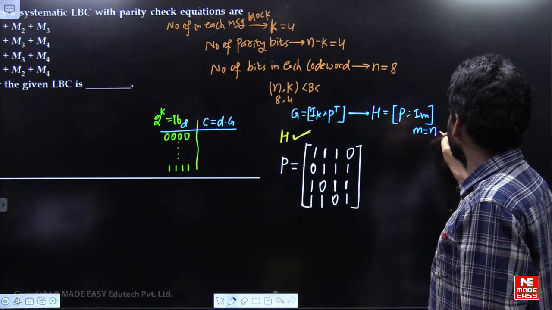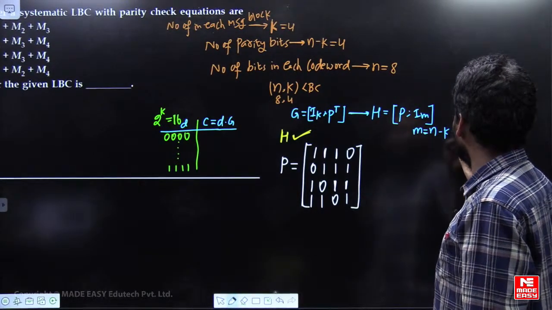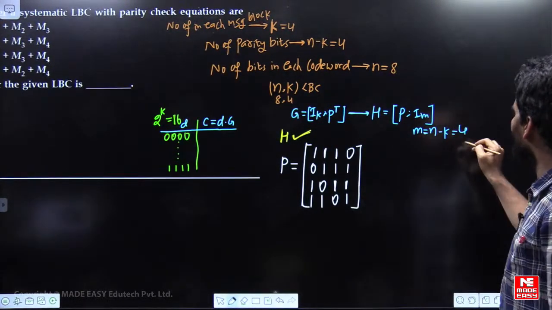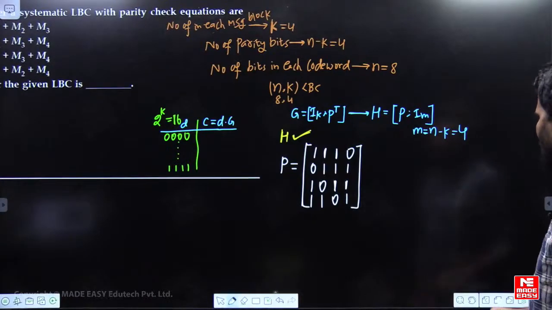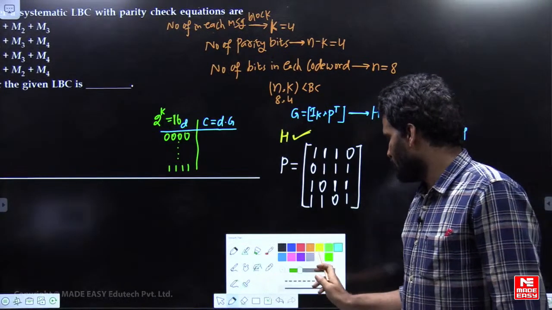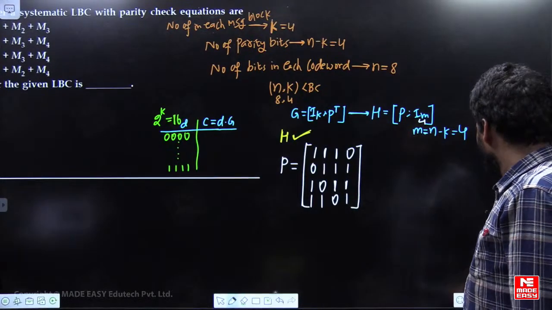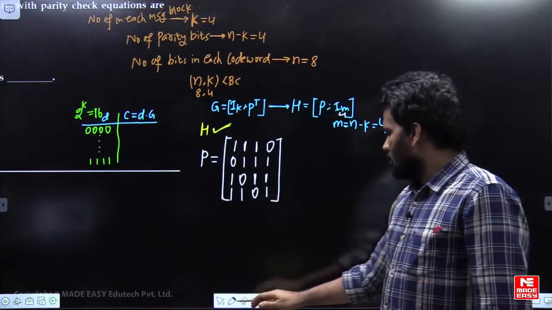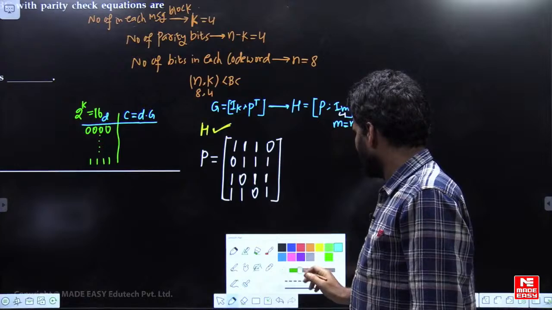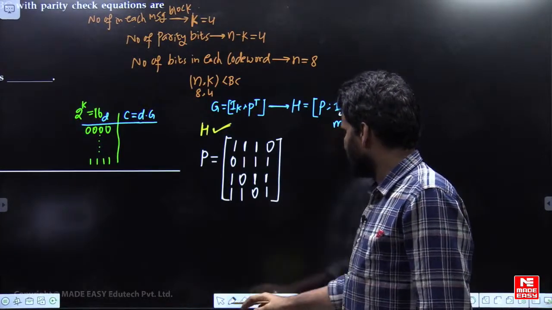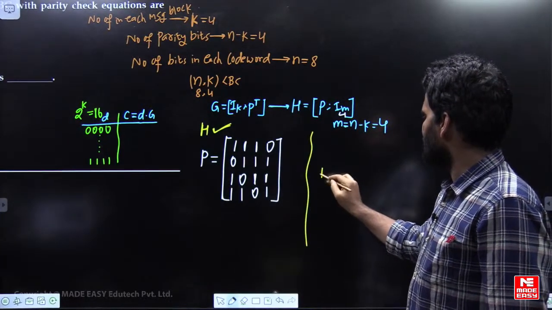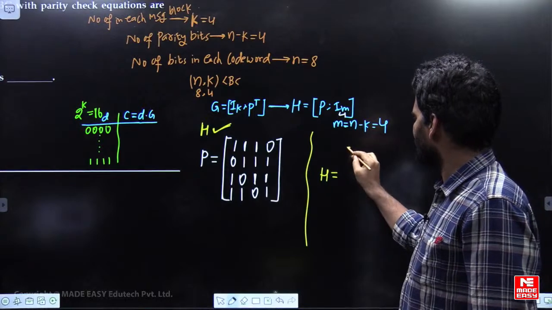M is of course N minus K, so N minus K will be 4. So P and I4, this is. So now I am writing the H matrix, the parity check matrix.